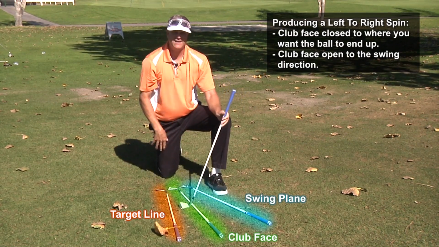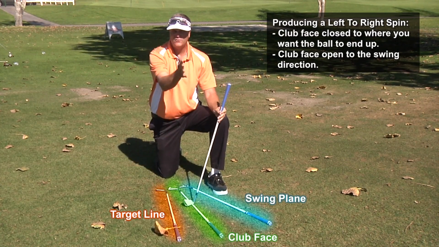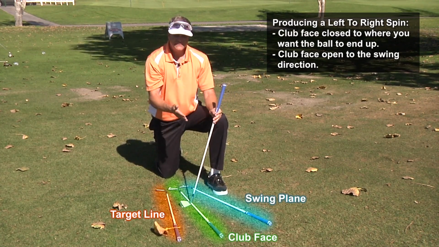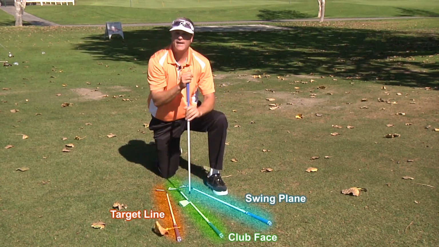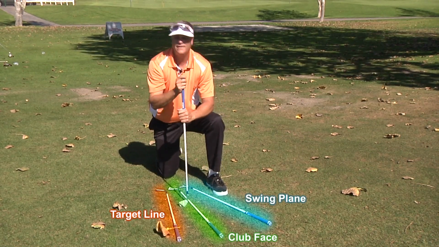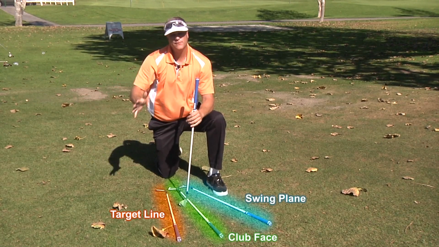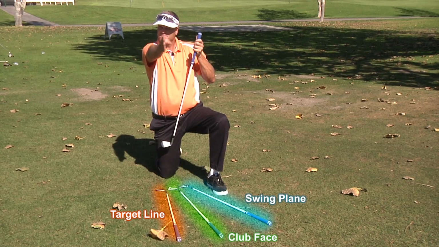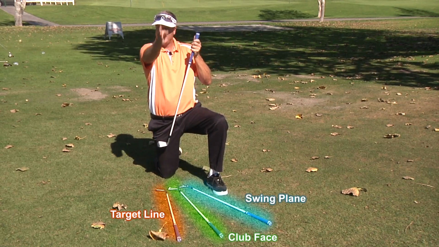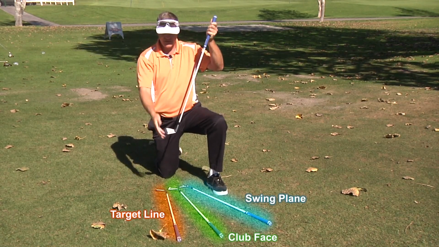The club face, as I line up to the target, is to the left or closed. And if I swing more left than my club face is aligned, I can impart that spin that I want to bring it back to the target. And the opposite is true if you're going to hit a draw. The club face will keep that same position here where I want the ball to end up on that side of the tree.